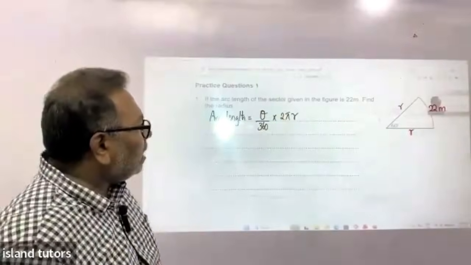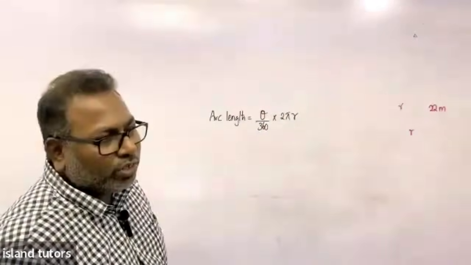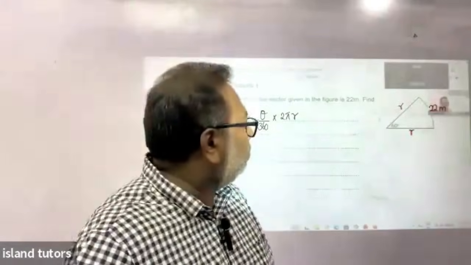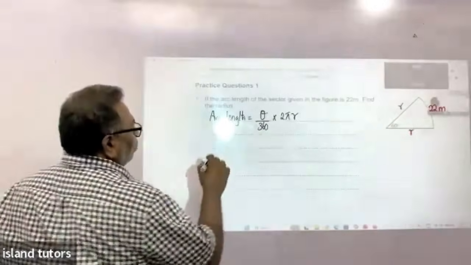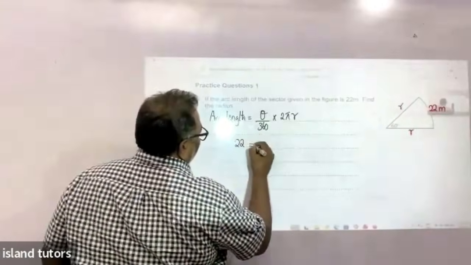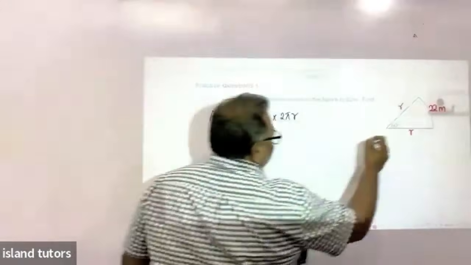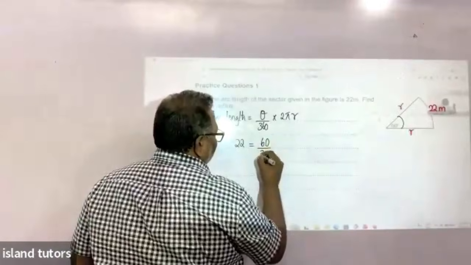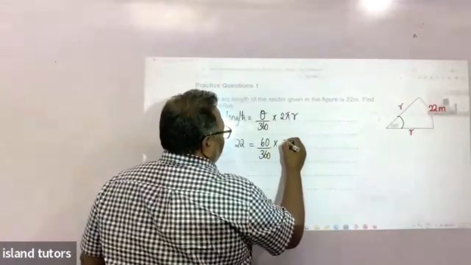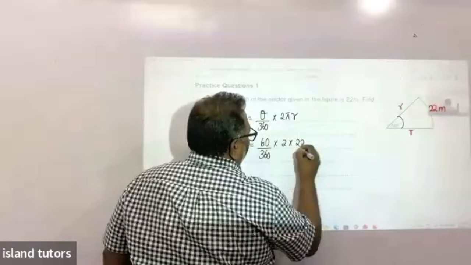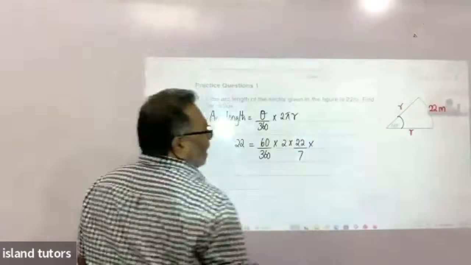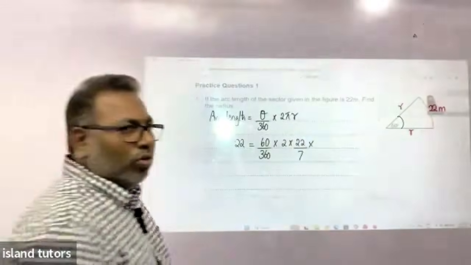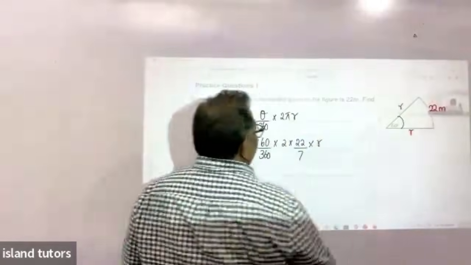So here the arc length of the sector is 22 meters, so 22 is equal to, angle at the center is 60, so 60 over 360 multiplied by 2 pi, and your radius we don't know, so that is going to be r.